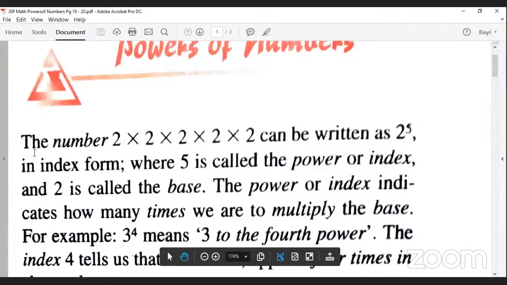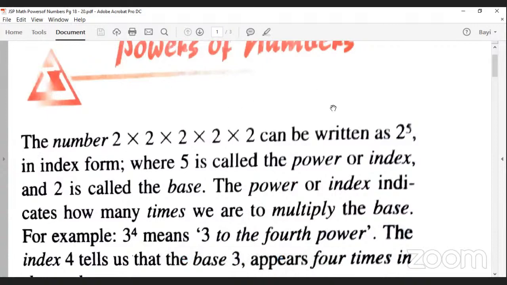Can I have a reader? Nicholas, can you read for me, starting with this page? Two times two times two times two times two can be written as 2 to the 5th power.